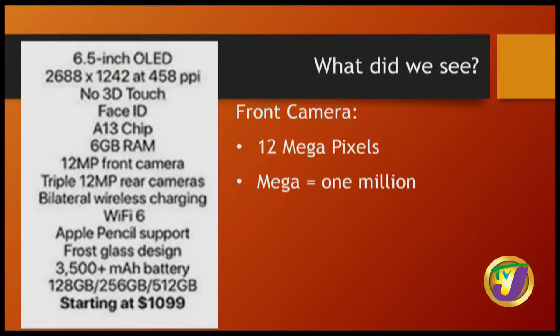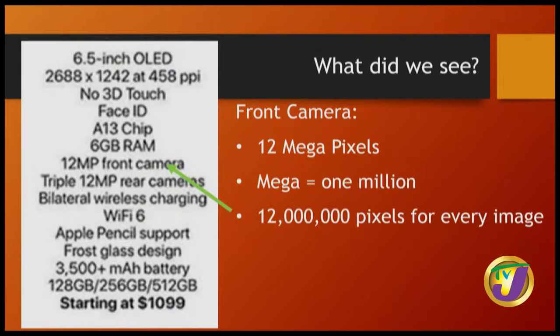So a 12 million pixel camera, which actually amounts to about 1200 by 900 in terms of resolution. So any particular picture you take will have this kind of a resolution, 1200 by 900.